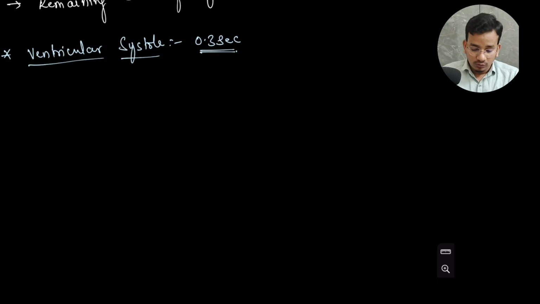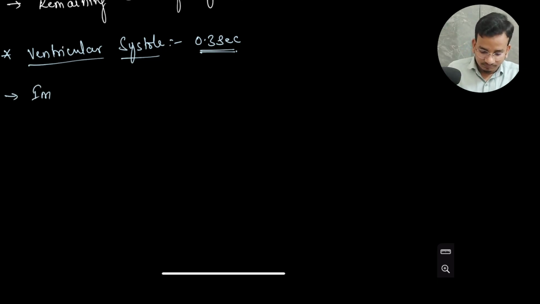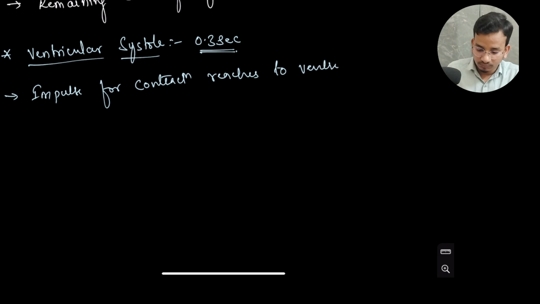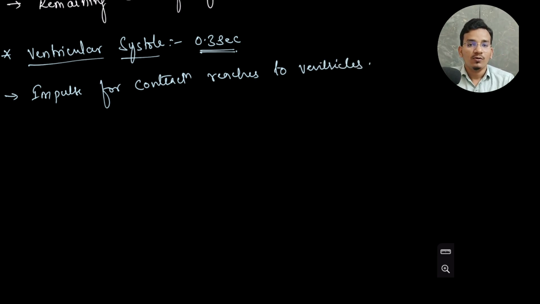Now the impulse for contraction generated by the SAN reaches the ventricles. First the impulse for contraction is reaching the atria and AV node.